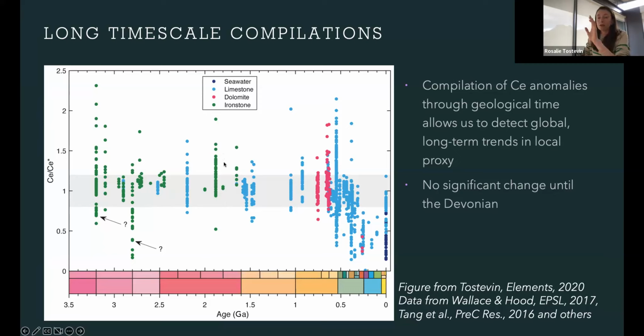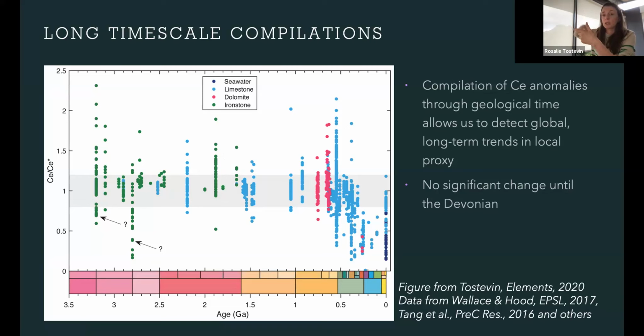A point here about positive cerium anomalies: they often get slightly misinterpreted. If you have a positive cerium anomaly, it's telling you that that sample locally must have been deposited below the chemocline, so you had the dissolution of manganese oxides and buildup of excess cerium. But it also tells you that there has to be oxygen somewhere above you, right?